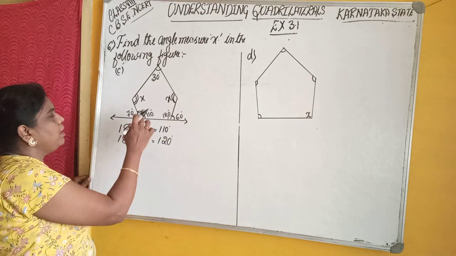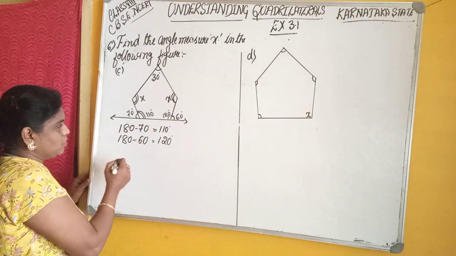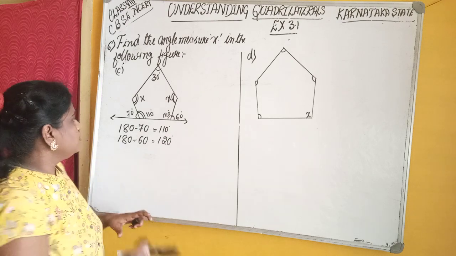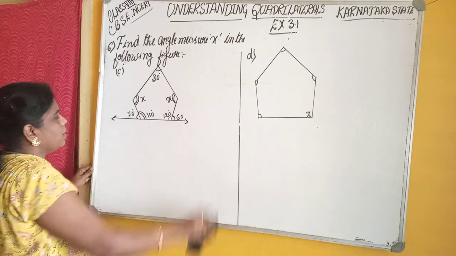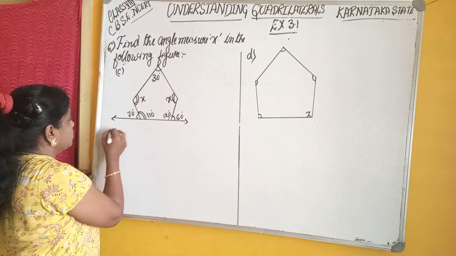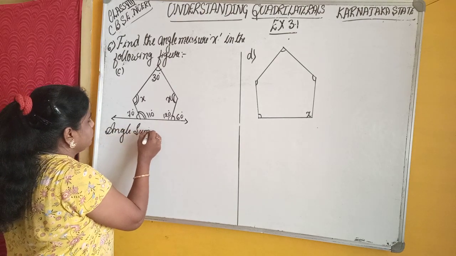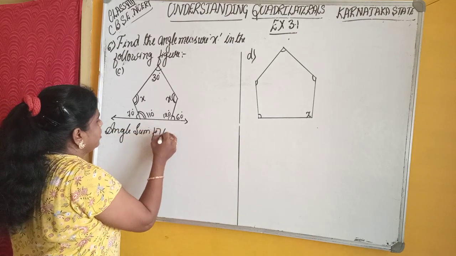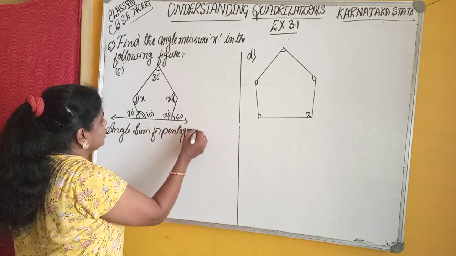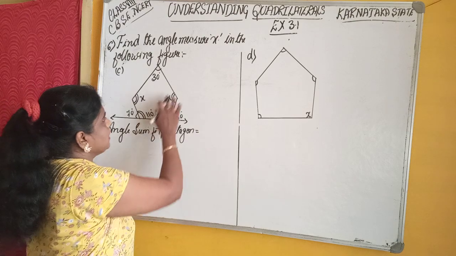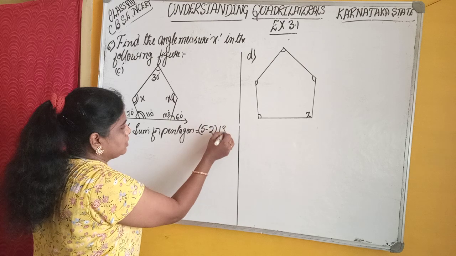Therefore the angle sum for the pentagon, with all these interior angles, is equal to (5 minus 2) into 180 degrees.